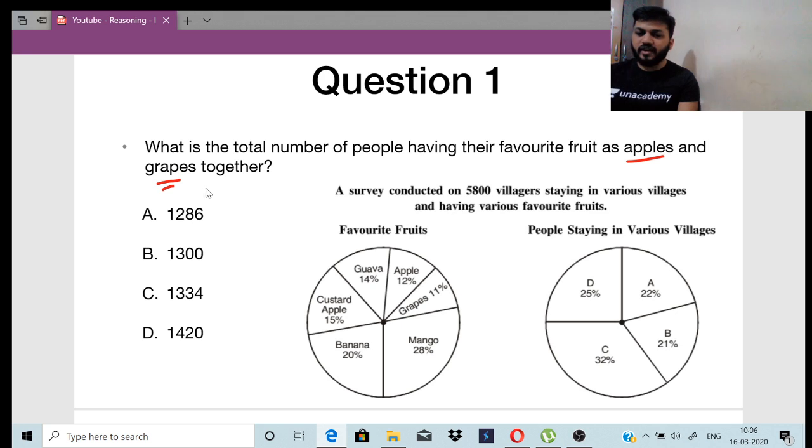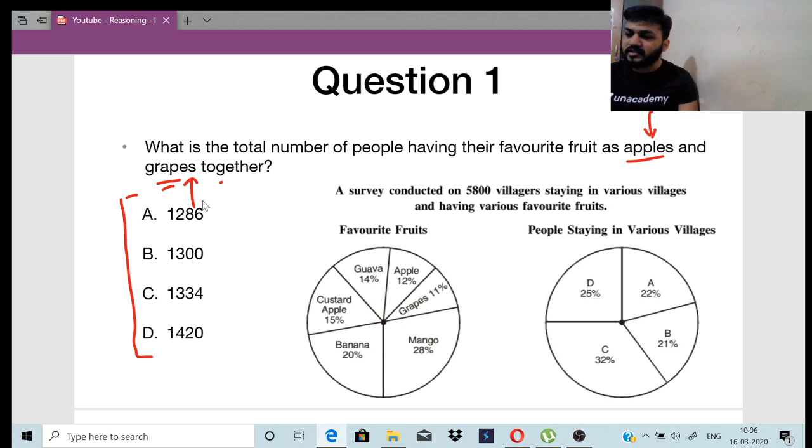You have to find out. One of the options is the right option, and they have given the percentages. You have to tell the total number of people whose favorite fruit is apples plus grapes, both combined.